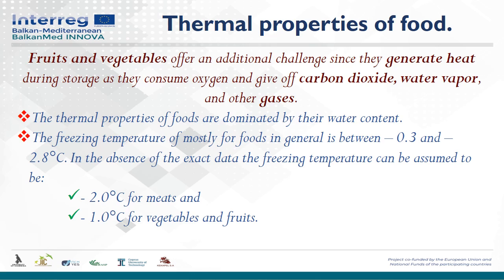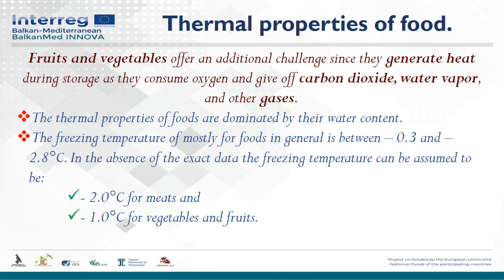This is the reason that the freezing temperature for these products is different and changes from product to product. In general, food products freeze over a range of temperatures. We cannot use just a single temperature for freezing them, because the composition of these food products is different.